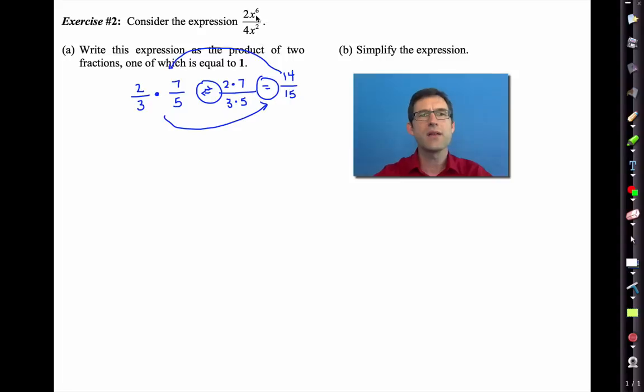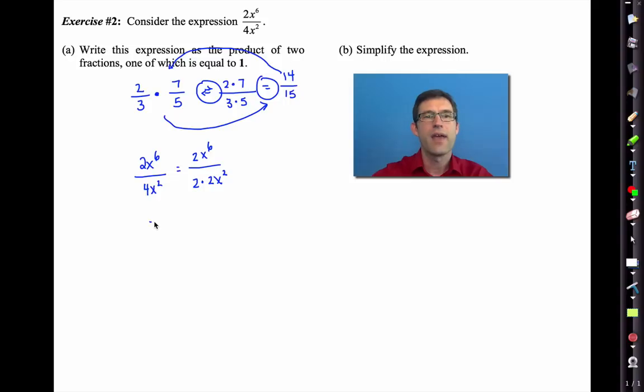So let's take a look at this top fraction. We've got 2x to the sixth divided by 4x squared. Now, think about this for a minute. That's 2 times x to the sixth, but on the bottom, it's 2 times 2x squared.